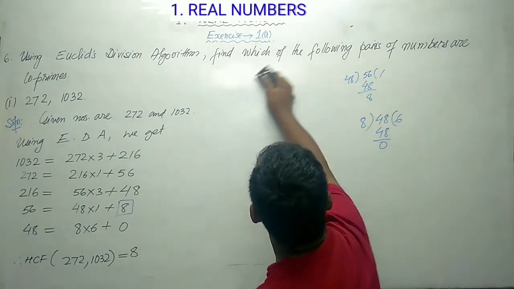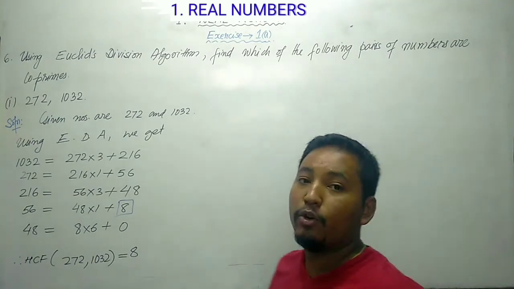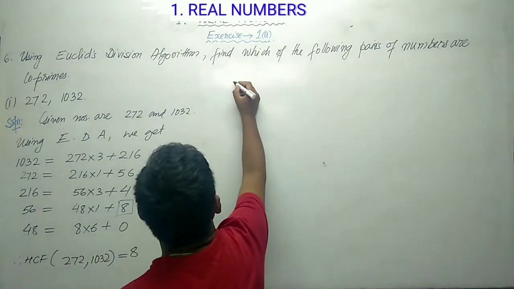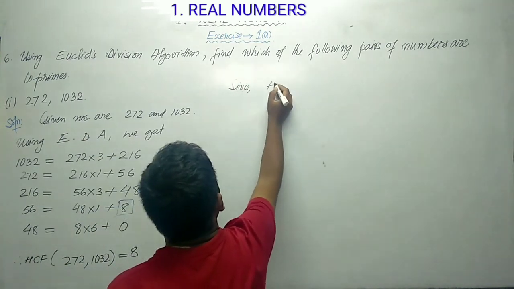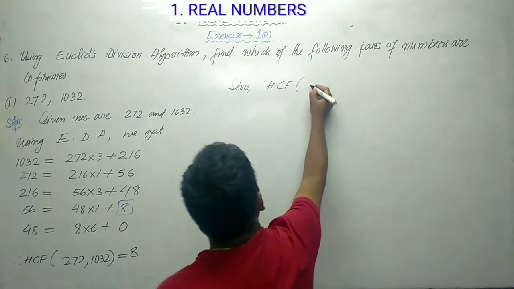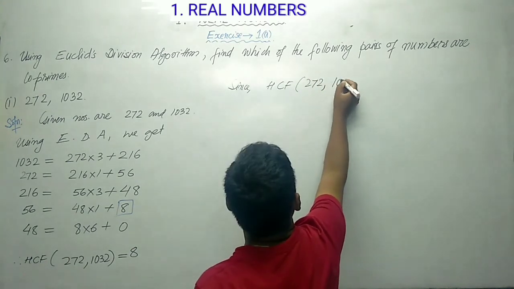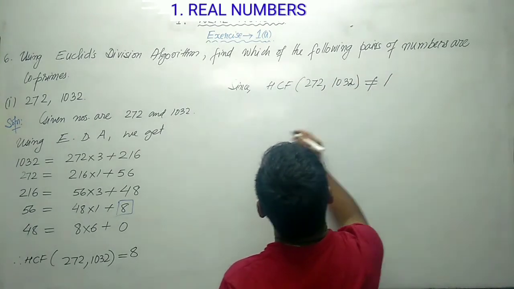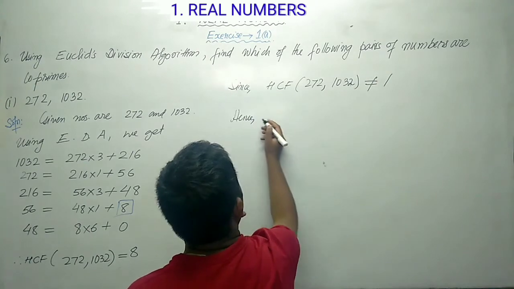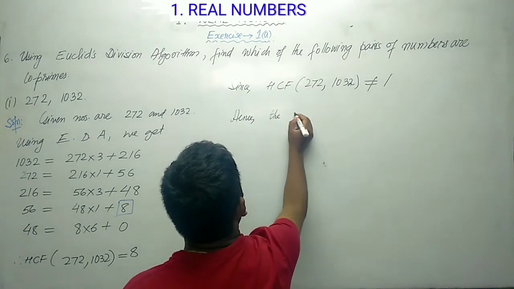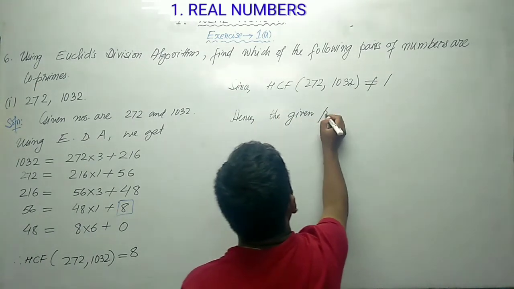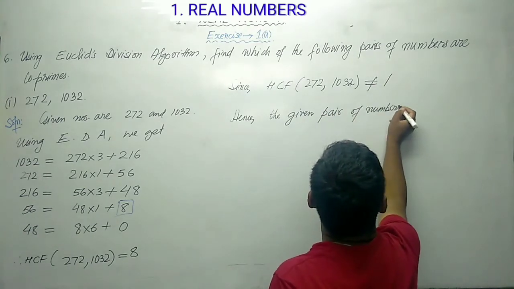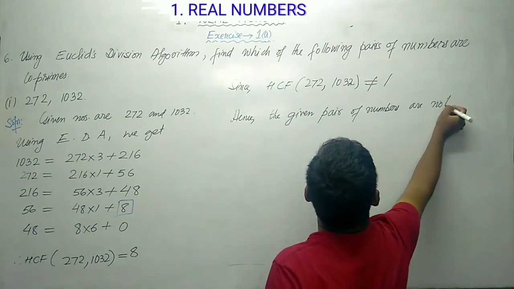As we have discussed in our previous question, for a number to be a coprime, the HCF must be equal to 1. So you can write down, since HCF of 272 and 1032 is not equal to 1, hence the given pair of numbers are not coprime.